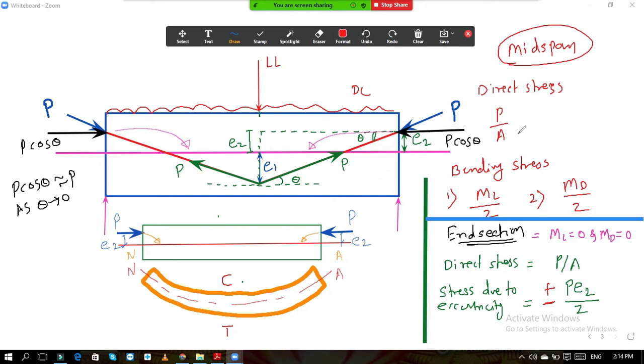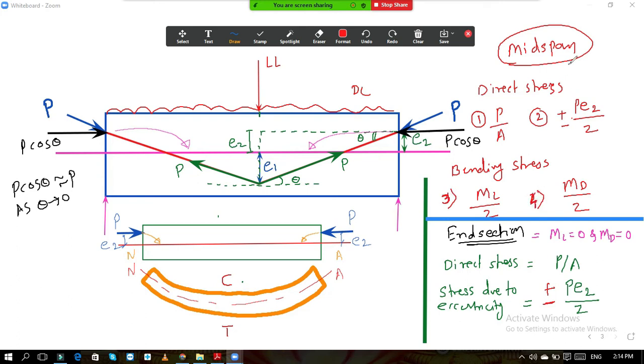So here also you need to consider this. In addition to this direct stress due to pre-stress, here will be also Pe2 by Z, and it is plus or minus. So this is first, this is second, this is third, which you are going to consider, and this is fourth.